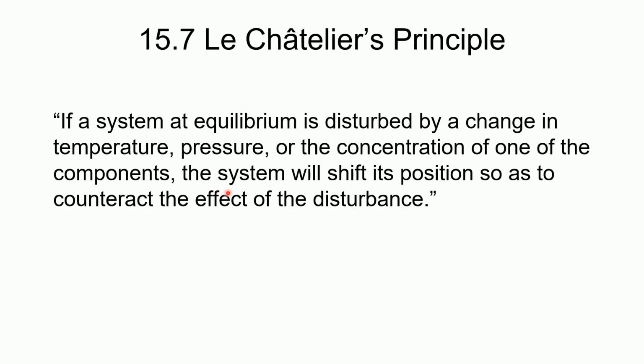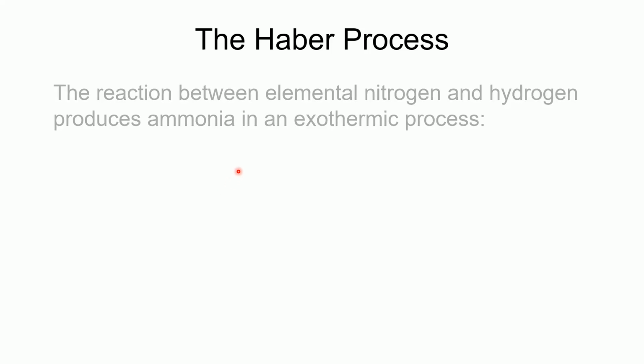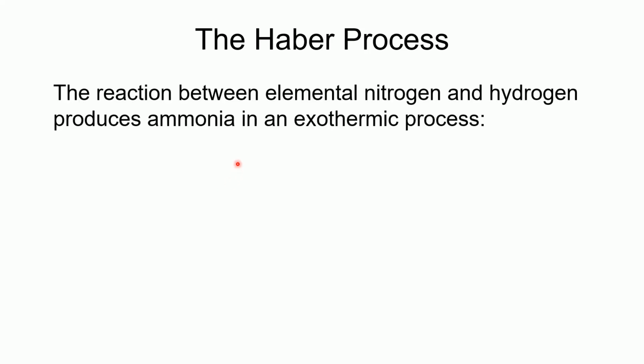Now, this is the process that is talked about in the textbook, but I'm going to show you the Haber process. The Haber process is a very important reaction. It's a reaction that makes it possible to fix nitrogen. And by fix nitrogen, we mean to take elemental nitrogen that is in the air.